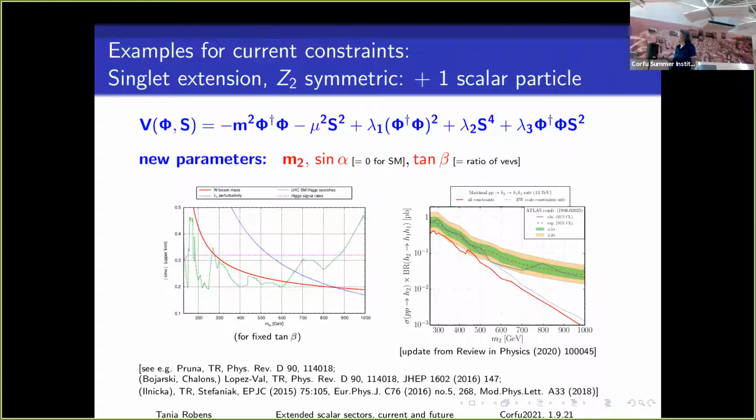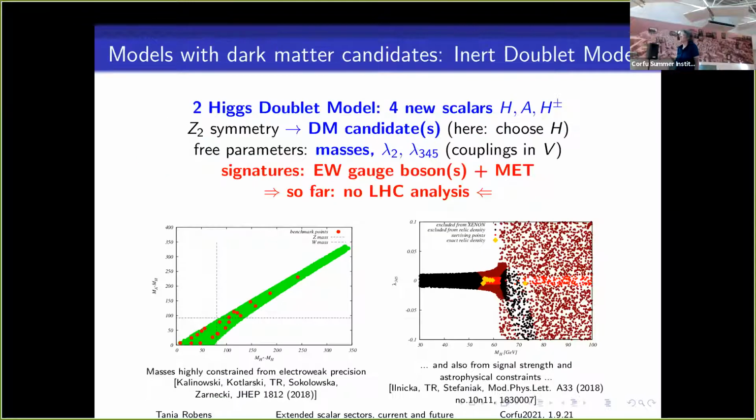You see a projection. I mean, this has not been updated, so this was the ATLAS combination of early Run 2 data, I think, but we haven't updated this yet to full results. And you see that in large regions of parameter space, due to current constraints, the model basically does not reach the limit yet. However, for lower masses, you also have constraints already from this within this model.